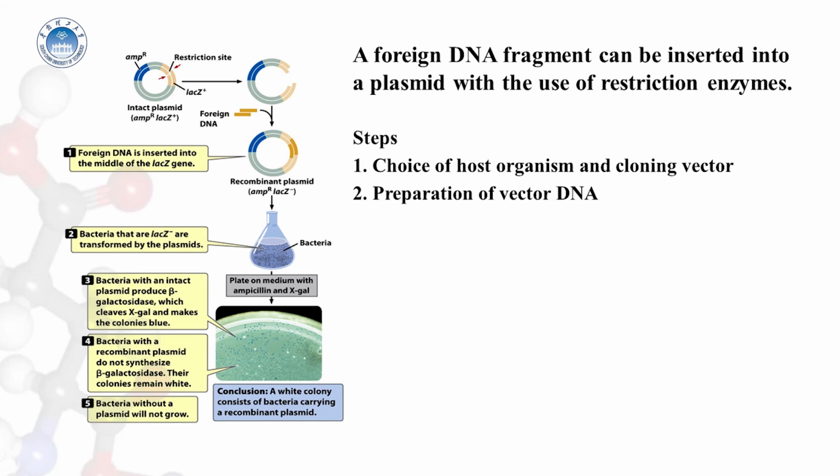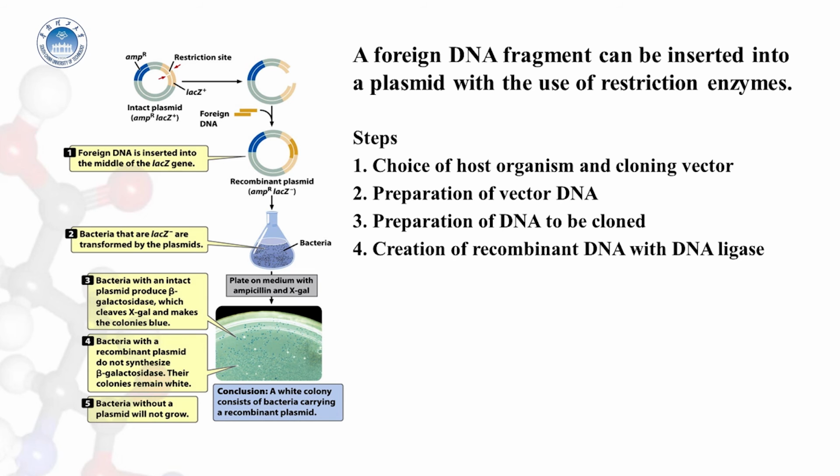We need to prepare the vector DNA, prepare the DNA to be cloned, and create the recombinant DNA with a DNA ligase. And also we need to introduce the recombinant DNA into the host organisms.